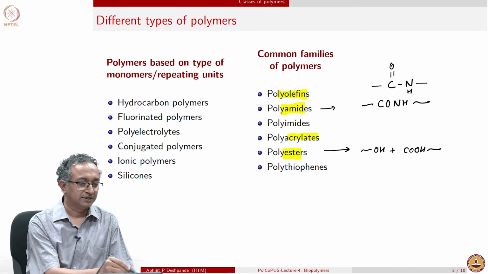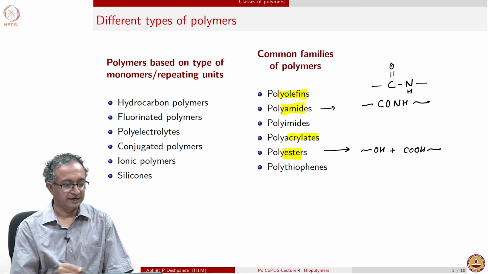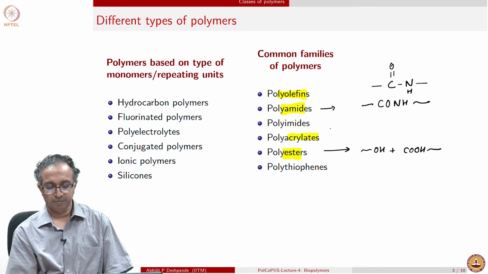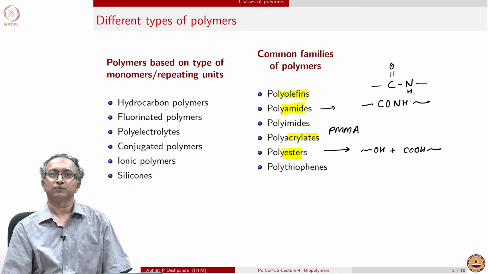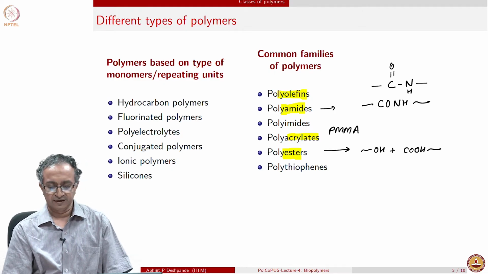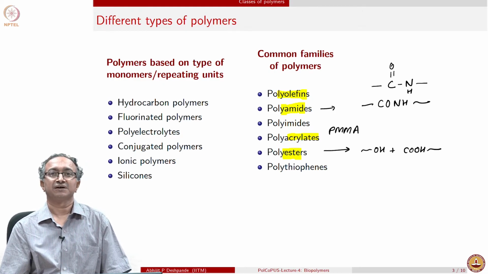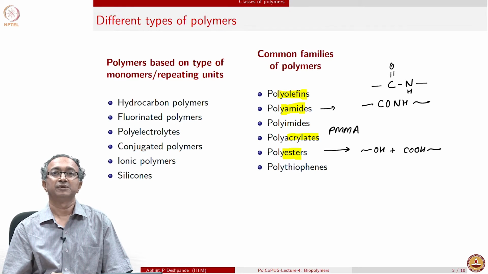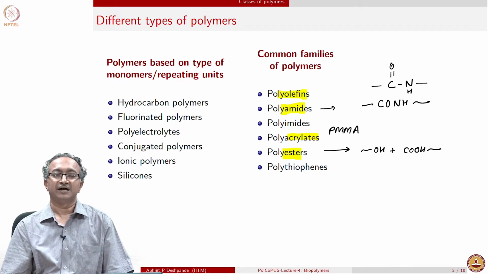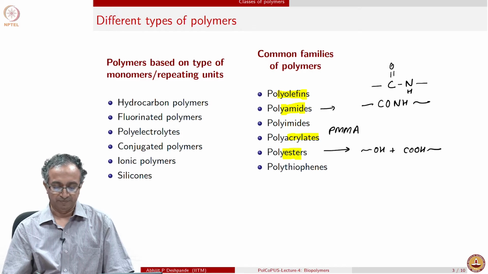An important example of polyacrylate is polymethyl methacrylate, PMMA. It's quite commonly used, and in fact Perspex windows, which is a non-breakable plastic with optically very excellent properties, so that we can use them as glass materials. So they are used, PMMA.